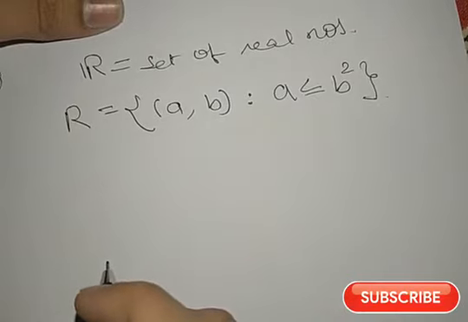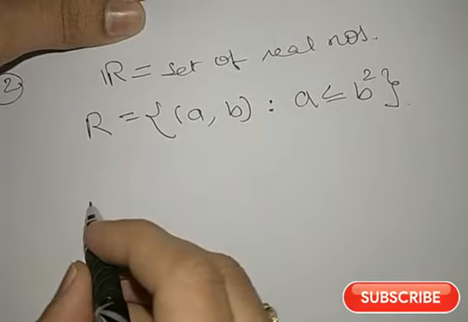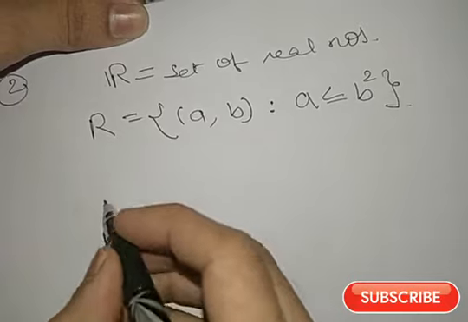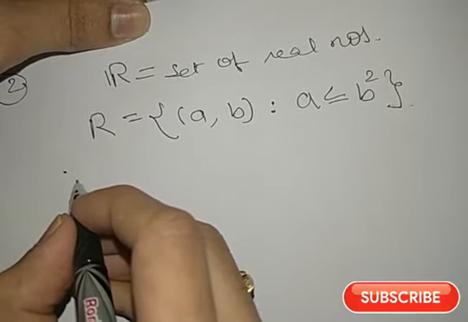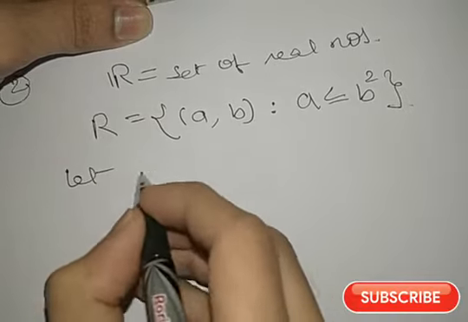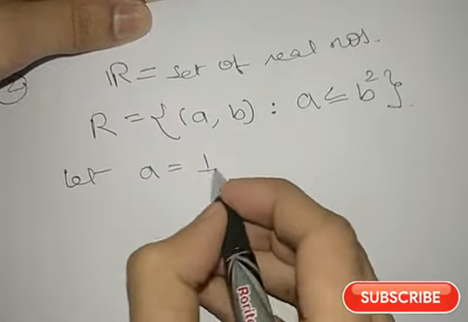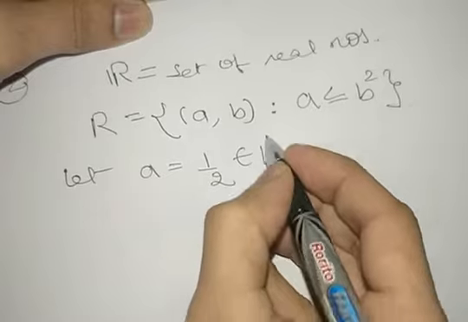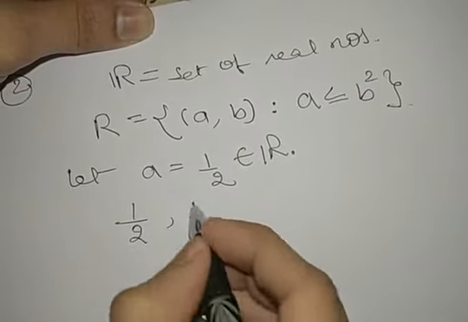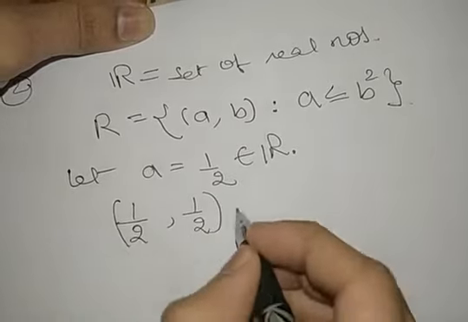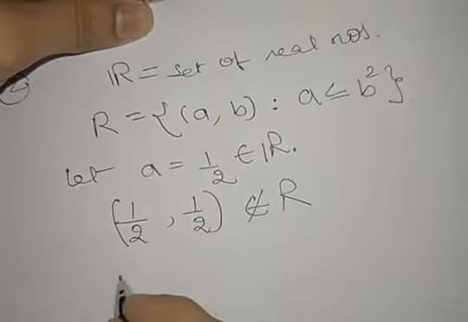So that means you have to take examples and show it. First we will show that R is not reflexive. Let a be equal to half, which is a real number. You see that (half, half) will not belong to the set R. Why?